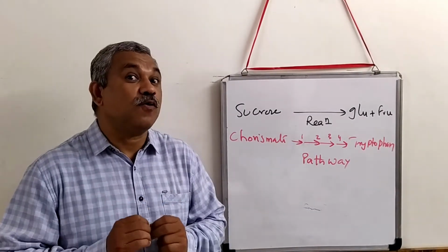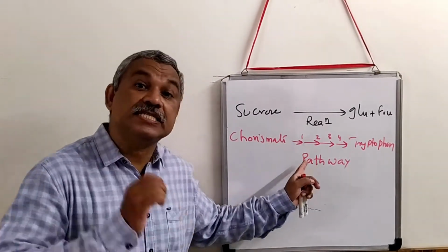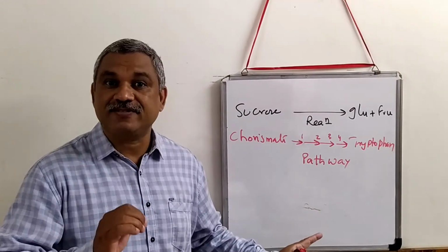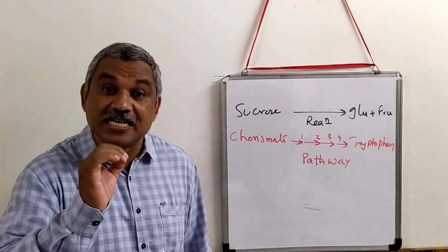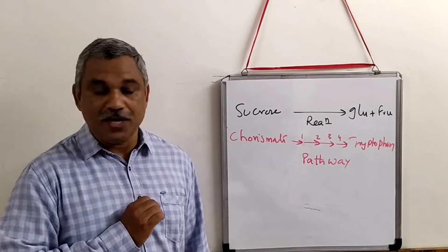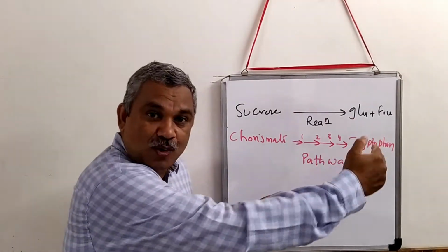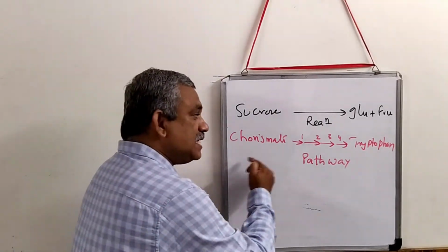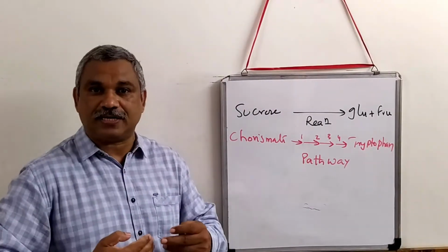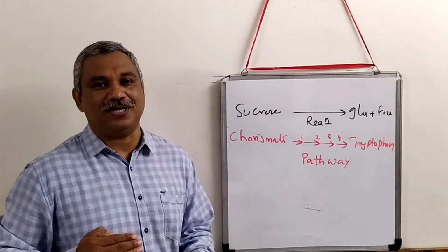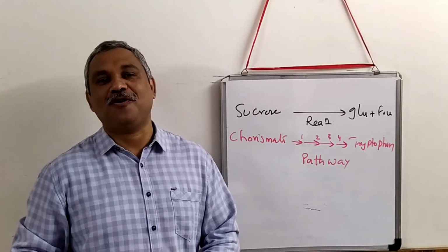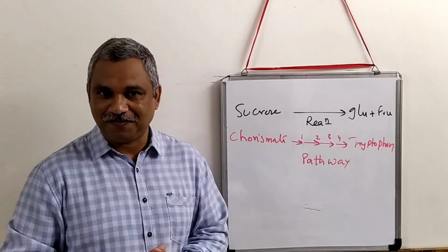What is important for us to remember is that it is the sequence that gives directionality, that serves a particular function. In order to achieve a particular function, the steps are arranged in order. It is not happening randomly. This is one of the beauties of metabolic pathways.